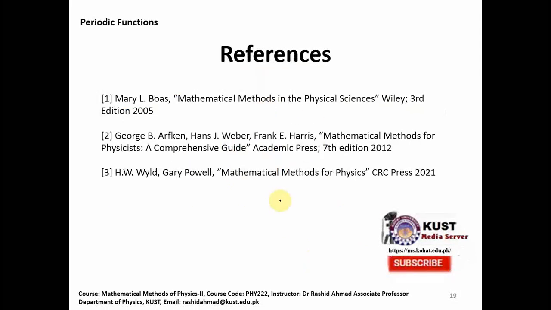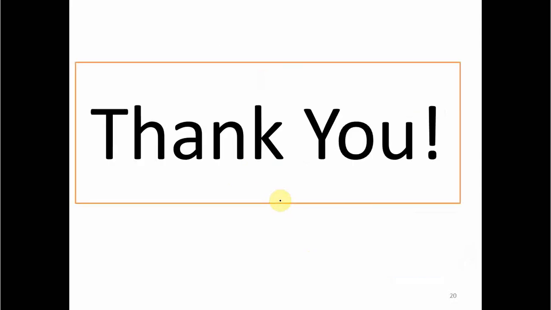And these are the references which you would like to have a look at, and at the end I would like to give you the summary of what we have done in today's lecture. So remember that the periodic functions and discrete functions we can deal with the help of Fourier series, and their different terms are actually the different harmonics or overtones in some physical problems, or different frequencies.